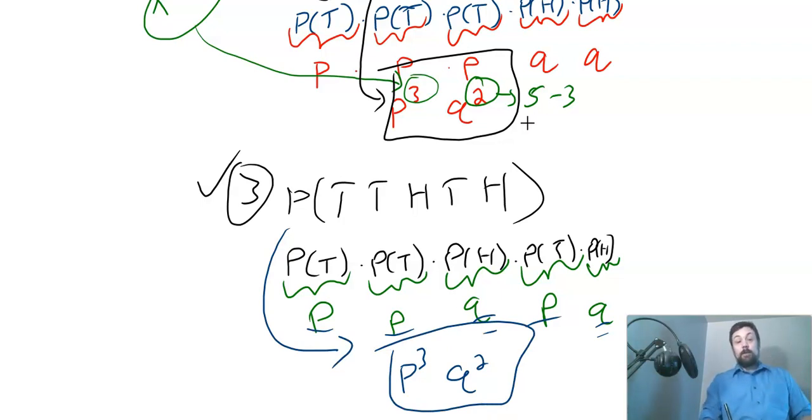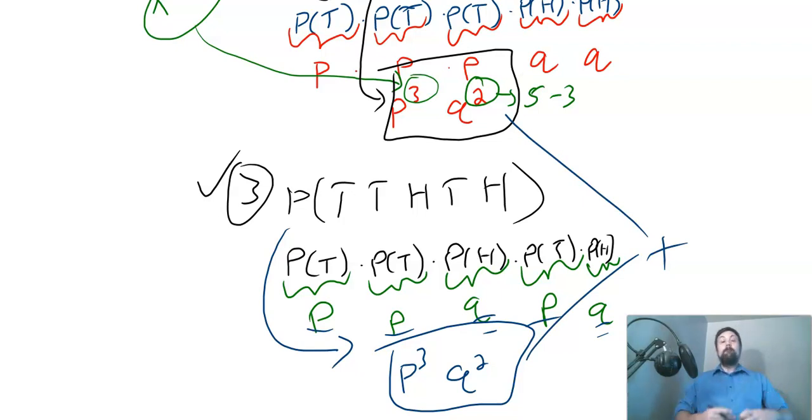Now we have 2 of these, right? And so we have to add these together because it's an OR situation, right? Now here, this is an AND situation because it's tails first and then tails second and then heads third. That is a multiplication rule, and that's just for that particular calculation.